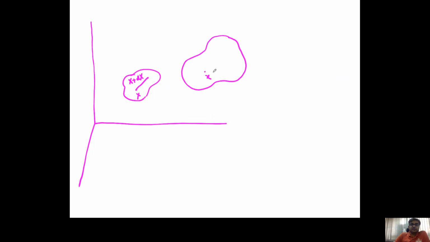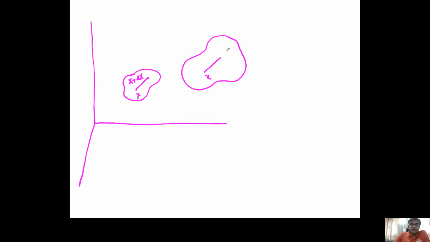What we have here is small x, and small x will become, so this is now my new point. So basically when I'm saying x plus dx, this is this point.